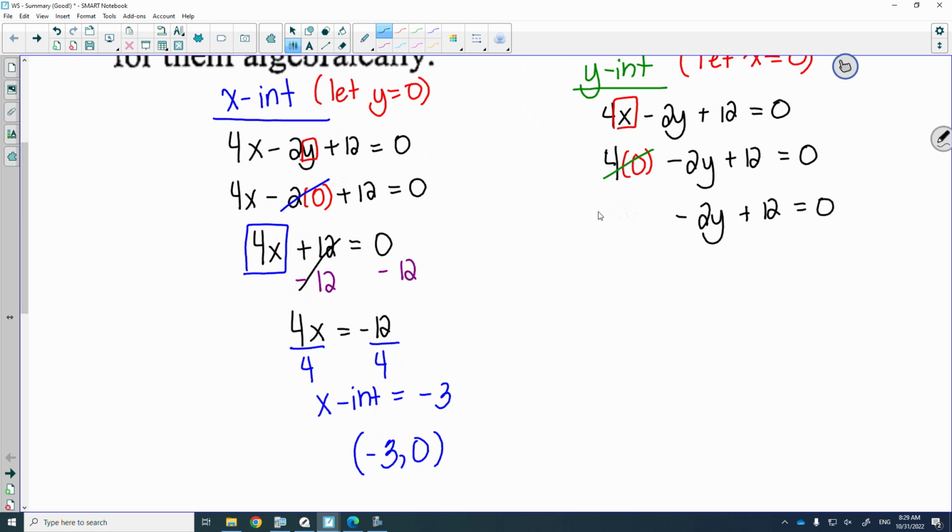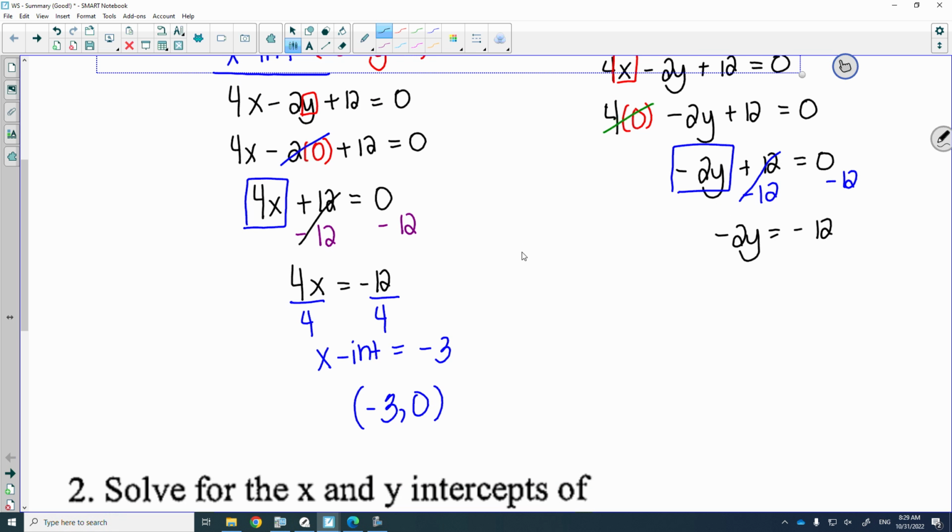Julius, what would you do from here? Yeah, subtract 12, because essentially we're going to get that by itself. So let's get rid of that 12. And then Ali, what would be the last thing from here?